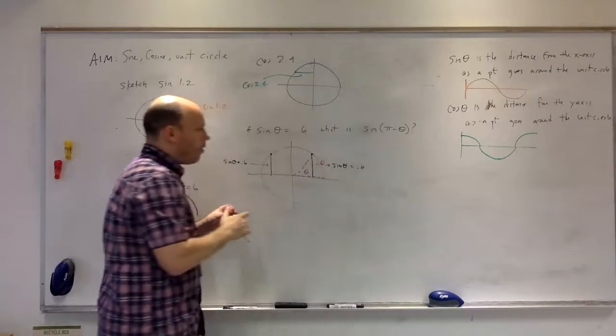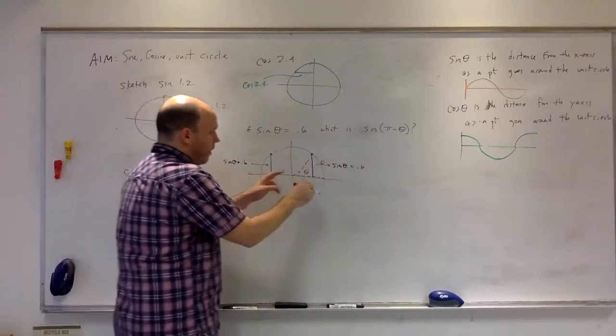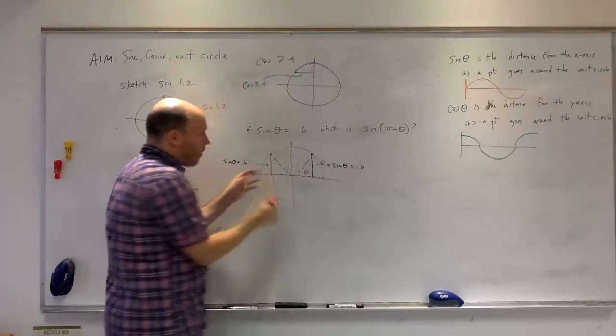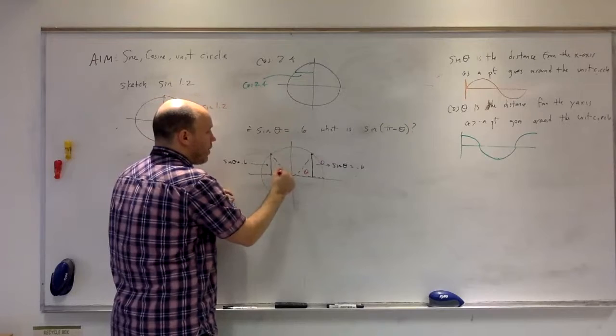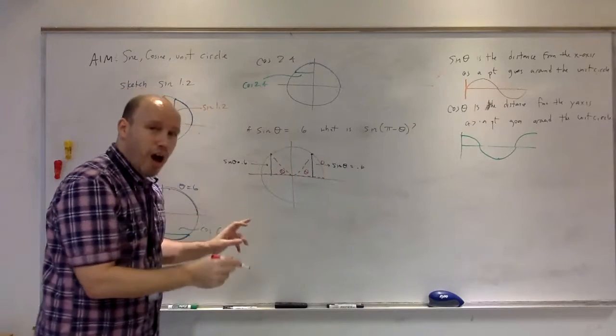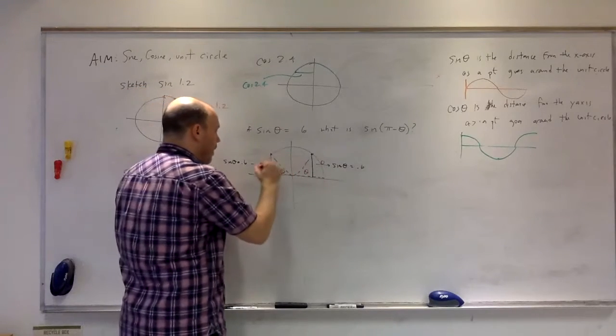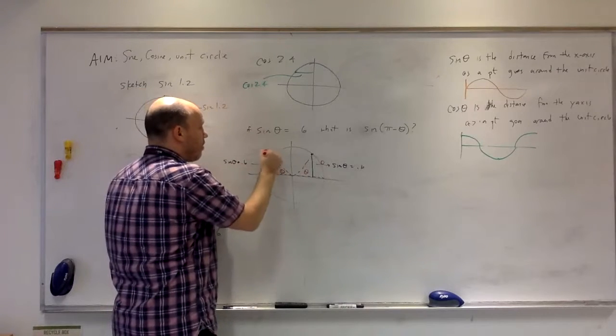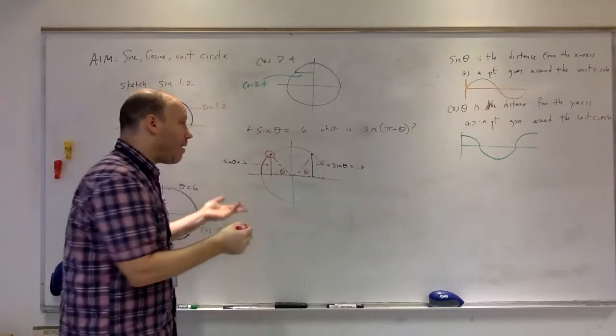Now, it turns out, from geometry, this angle here is congruent to this angle here. So if I take the 180 and subtract off this rotation, it takes me here, to sine of theta.